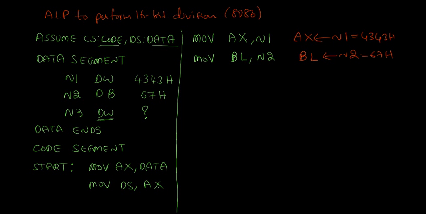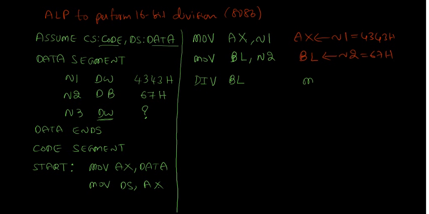So now you can use the 8086 instruction for division, that is DIV. Now here also, as with the multiplication instruction, you have to represent only the BL, the second operand, the source operand. What about this AX? That AX is an implicit operand for this DIV.